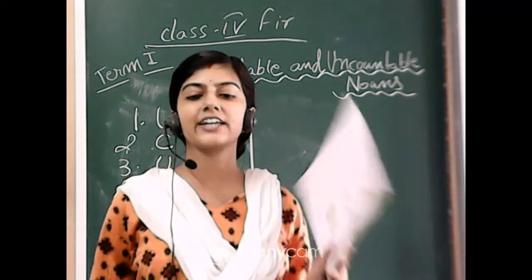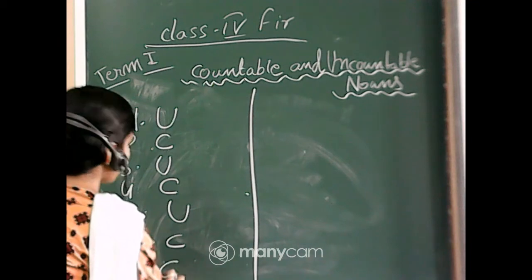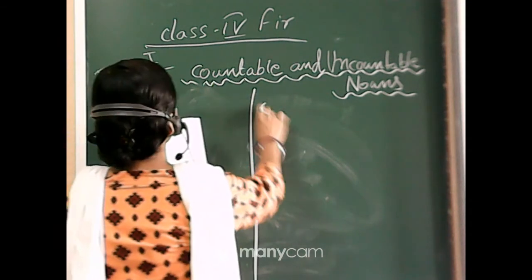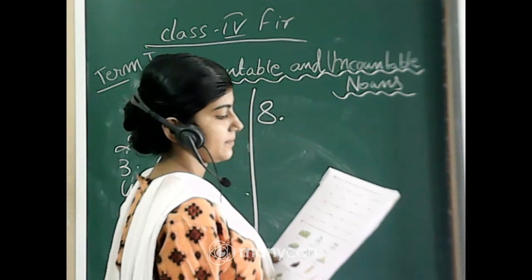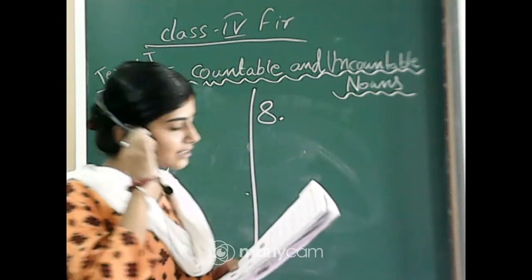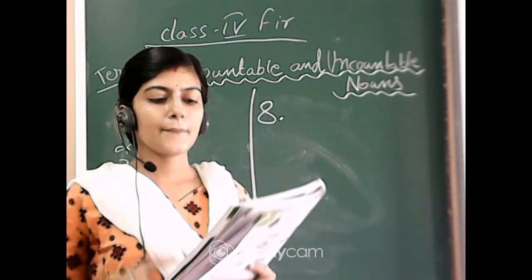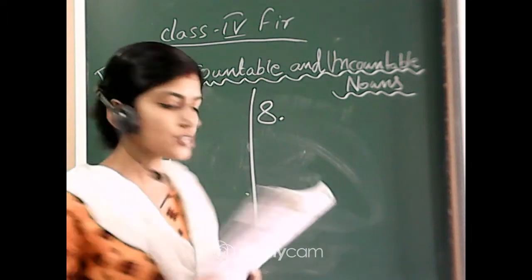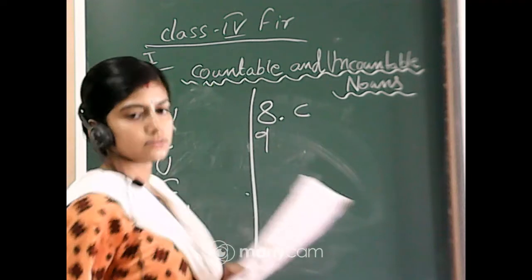Number 7, page. Once again countable. Number 8, paper. Uncountable or countable? Countable. Number 9, cake.